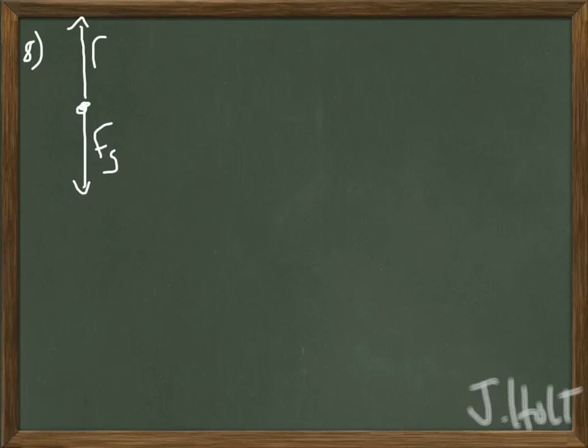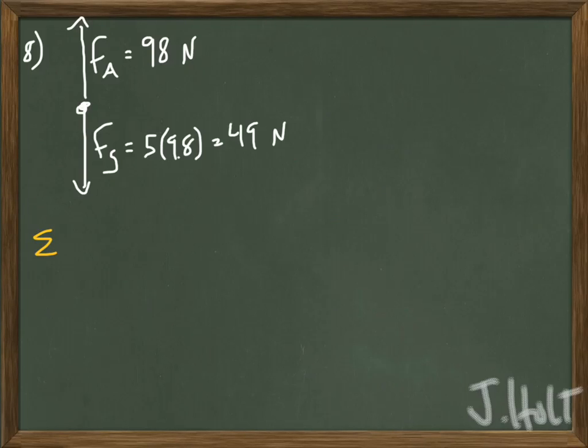Number 8, we have a weather balloon. I'm just going to draw a free body diagram right off the bat because I have two different forces. I have the force applied going up, that's what that little FA is, and I have the force of gravity going down. How do I know that? Well, it says in the problem, the balloon is released and exerts an upward force of 98.